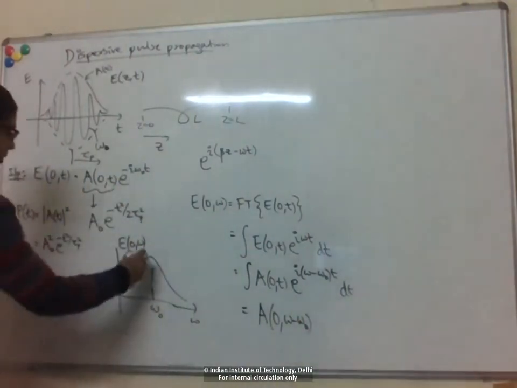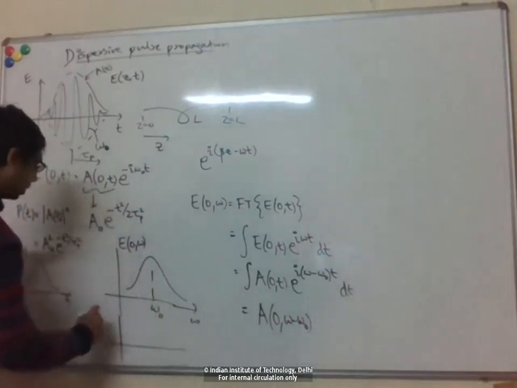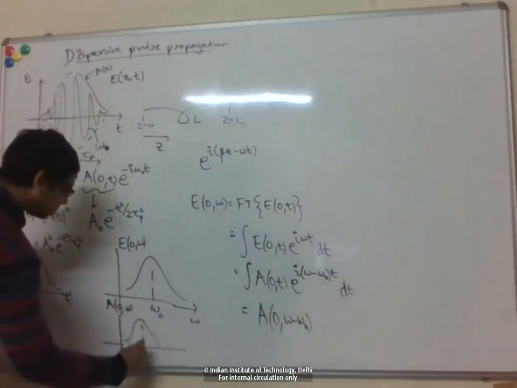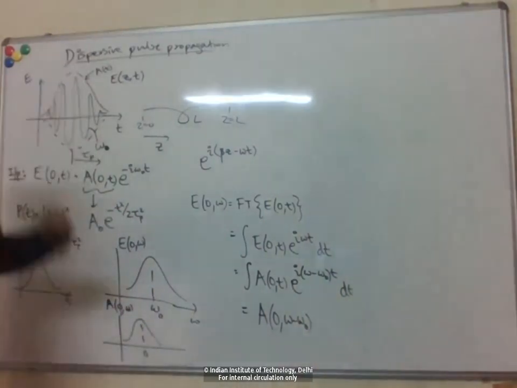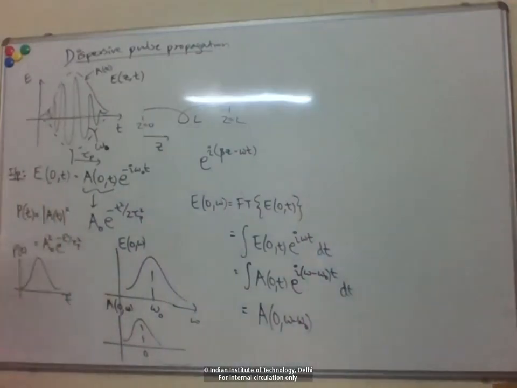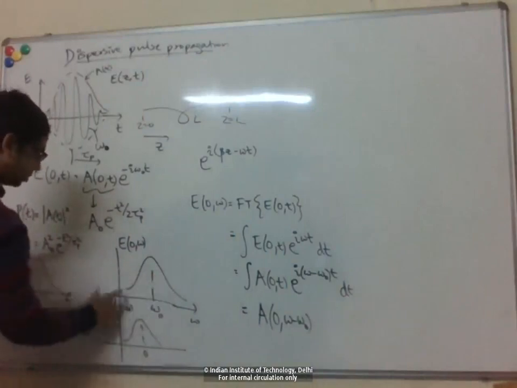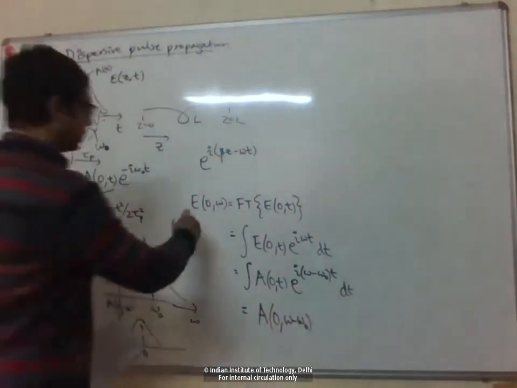So if E is centered at omega naught, then the spectrum of A is centered at 0, of course, because it's a baseband signal. But the shape is identical; it is just shifted.